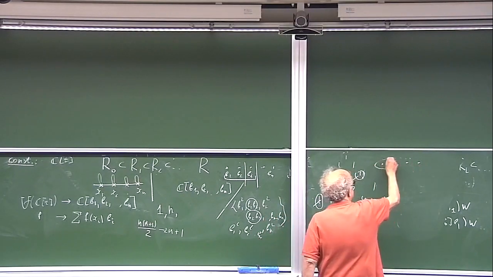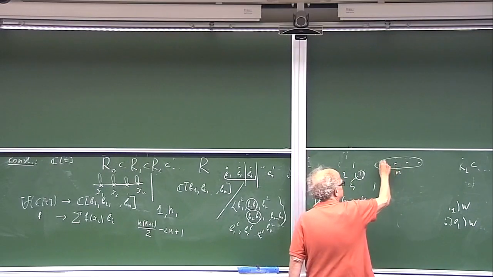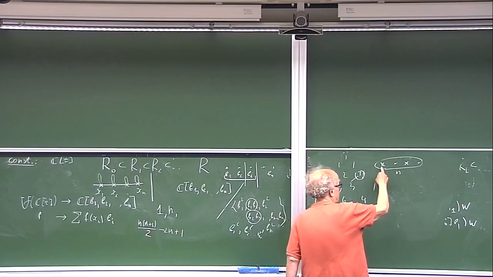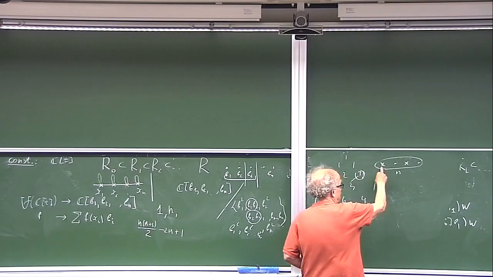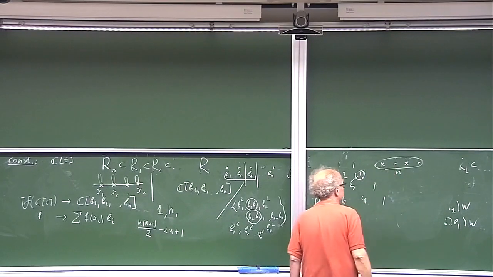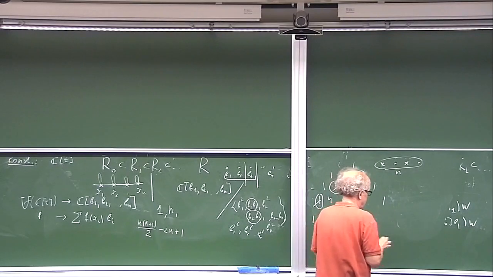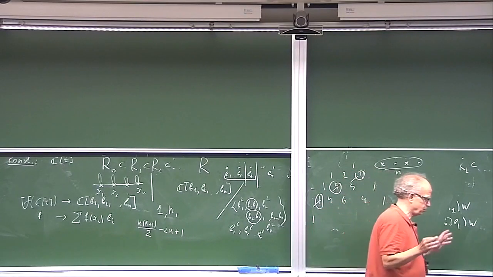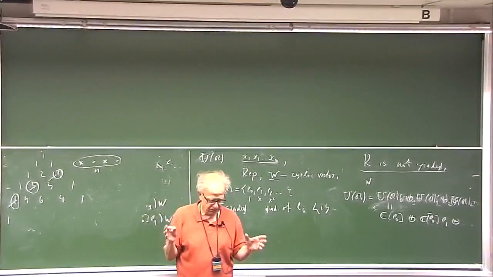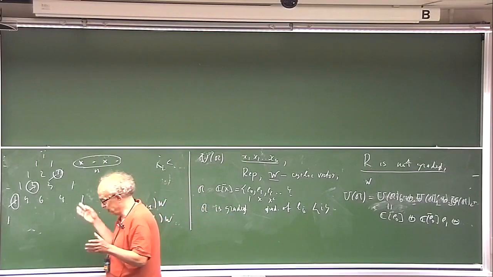You take n points and consider a configuration of points. It's a monomial in my case, such that no crosses can be in neighboring positions. Then you can count how many such things there are, and in this case it is Fibonacci numbers.